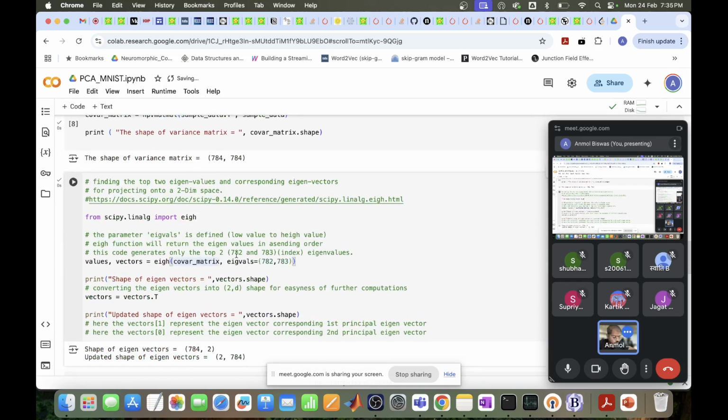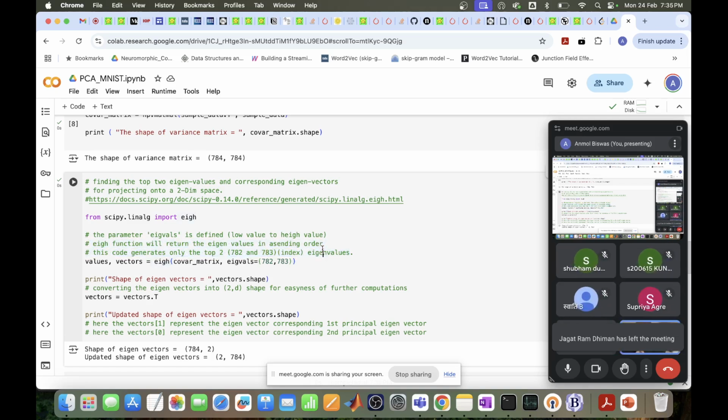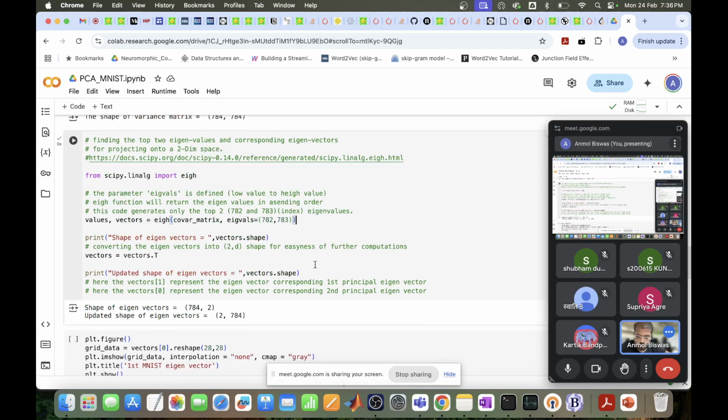And we pick the two highest eigenvalues. In fact, the reason we set 782 and 783 is because this function returns the eigenvalues in ascending order, which means it returns the lowest eigenvalue first at index 0, and the highest eigenvalue at index 783. And if you want the highest two eigenvalues, you pick 782 and 783, obviously.